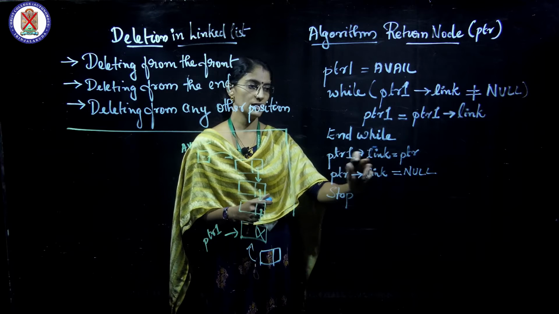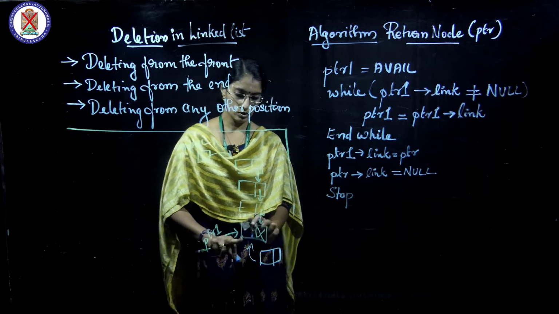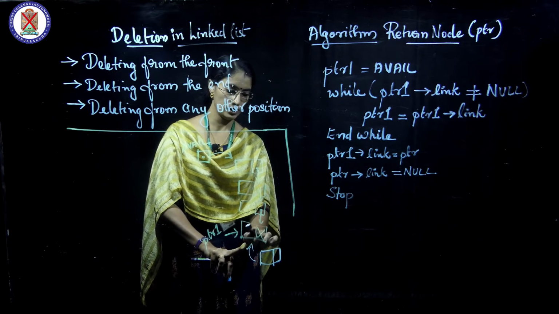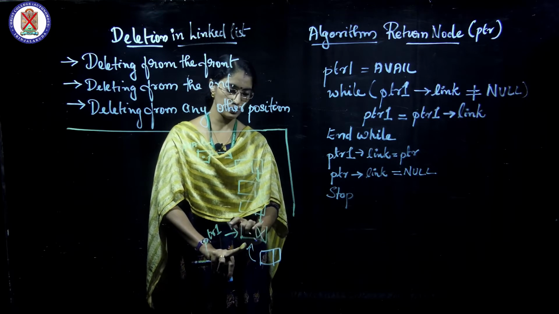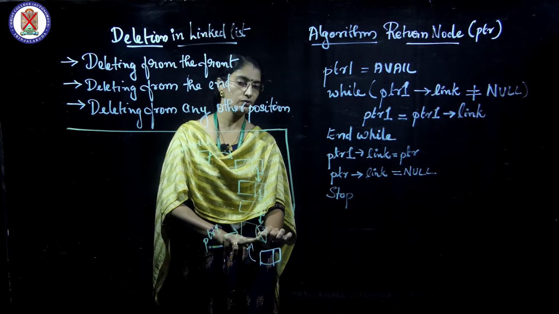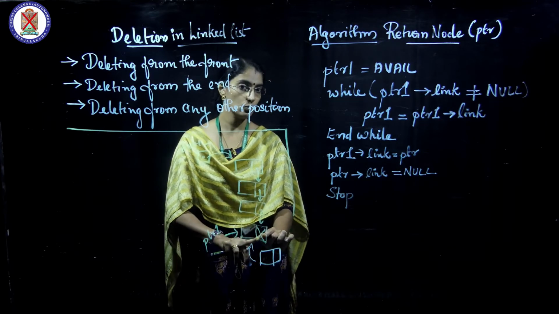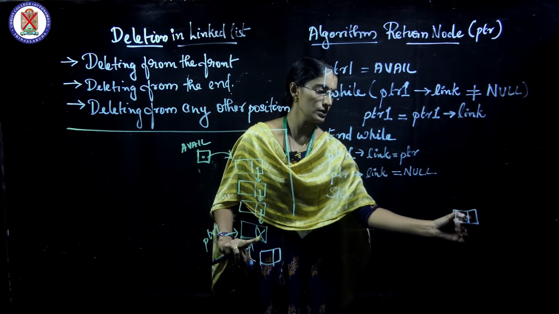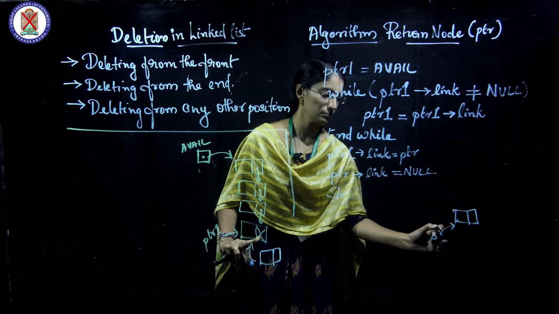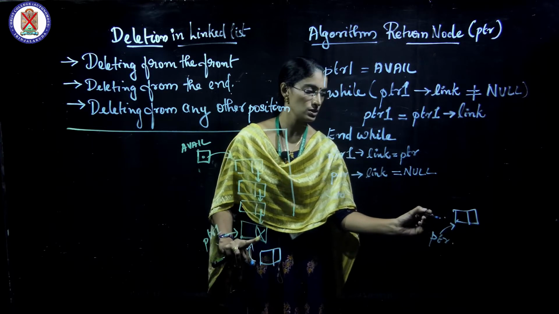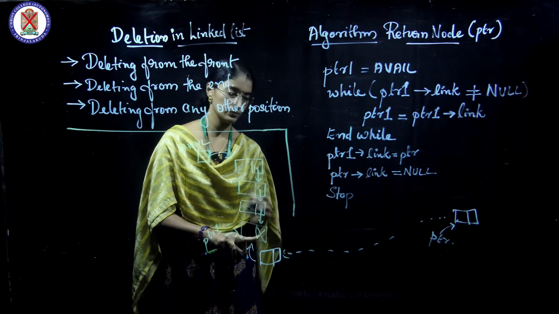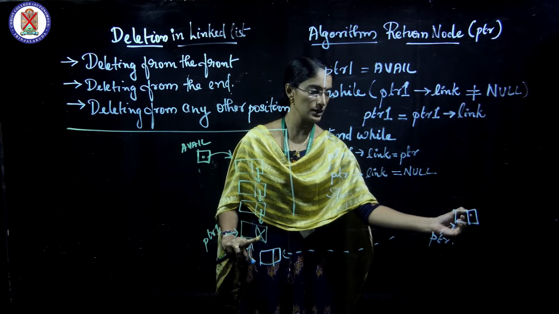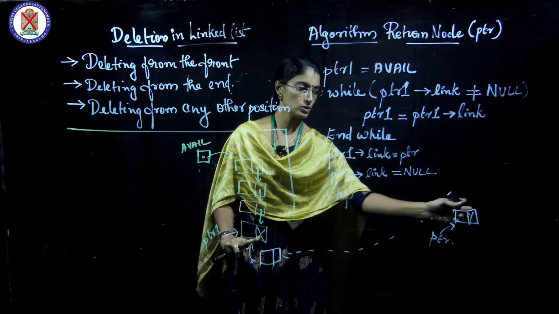After the while loop, what happens? Now the algorithm has reached the last node, a node with link part as null. To this link part, we have to give the address of the node which we are going to return to the memory. Suppose that node is this, and its name is ptr. I am going to return this node here, right? Presently it does not have any address in its link part, so that will be null.